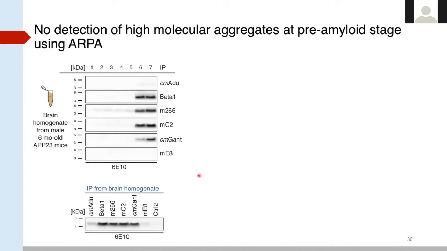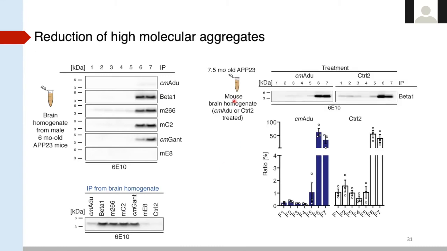So we could see with the formic acid extraction that we in fact reduced Triton insoluble A beta. So we were interested whether this would also be high molecular weight A beta. And therefore, we used 7.5 months old APP23 homogenate from ADU or control-treated animals and subjected this to our ARPA assay.